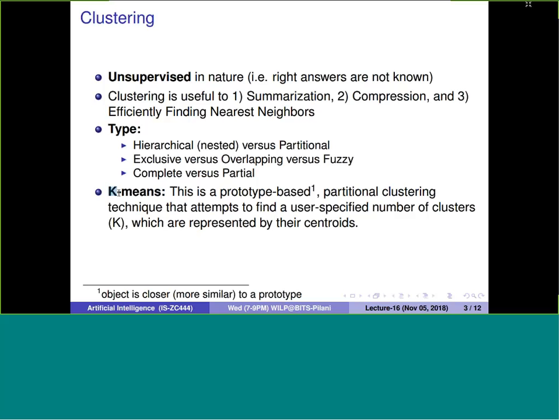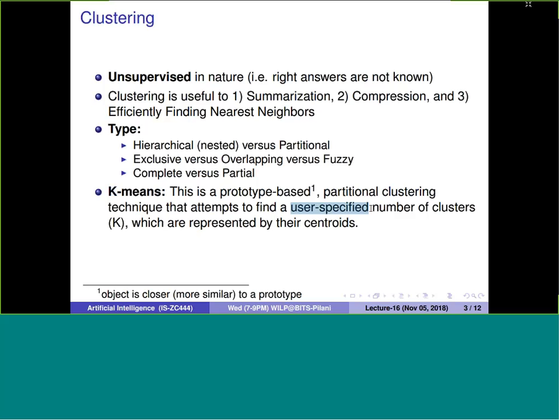What I told you is that k is a parameter that the user specifies. I want to bring your attention to this point: k is a very special number.